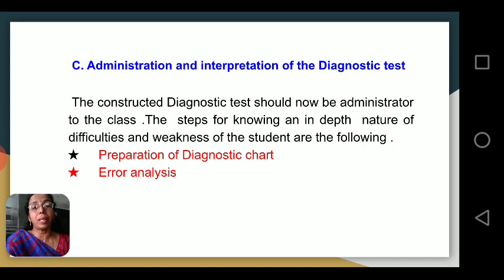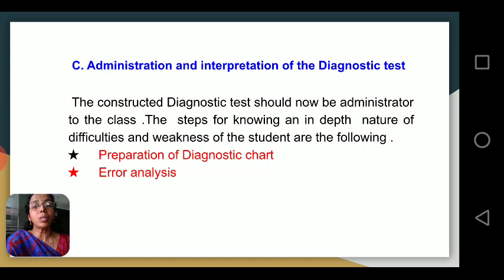You take the first error and find out the probable causes of this error. It is the ability, the capability of the teacher to find out the causes. For that, the teacher has to go back to the teaching learning process and analyze the teaching learning process that happened in the classroom and find out the probable causes of these errors.